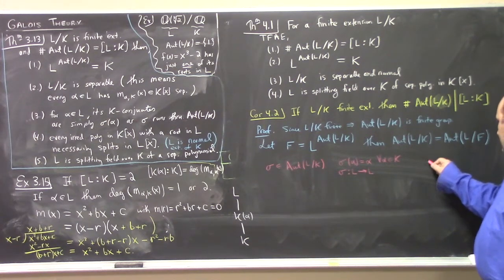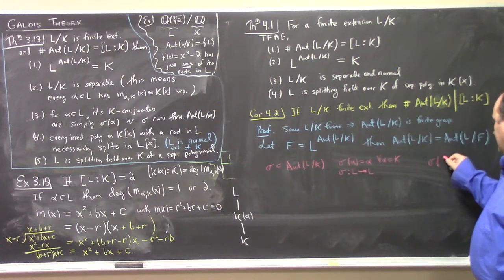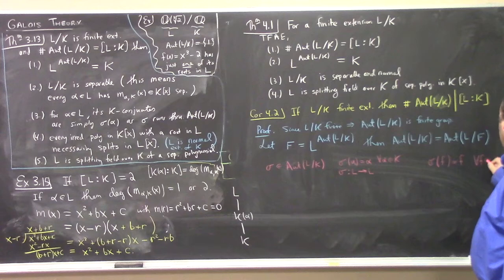So why is it that sigma of little f is equal to little f for all f in F?